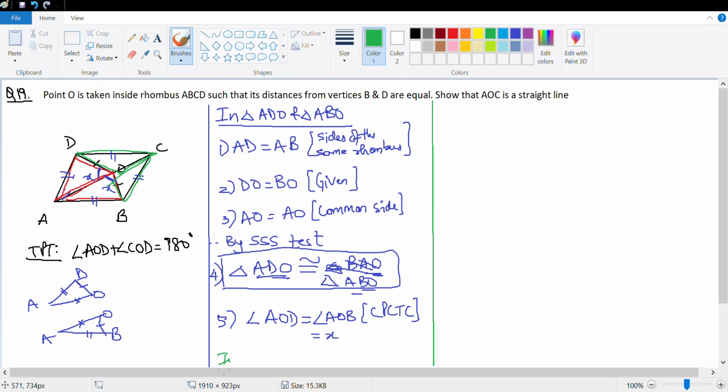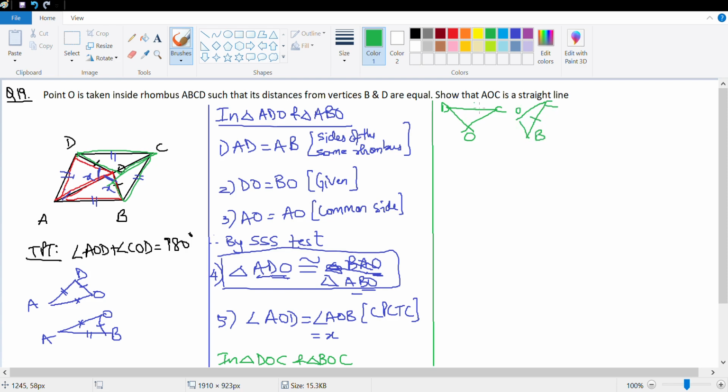So in triangle DOC and triangle BOC, let's draw a rough diagram. This is D, this is C, this is O, and this is B. Let's see what I know.